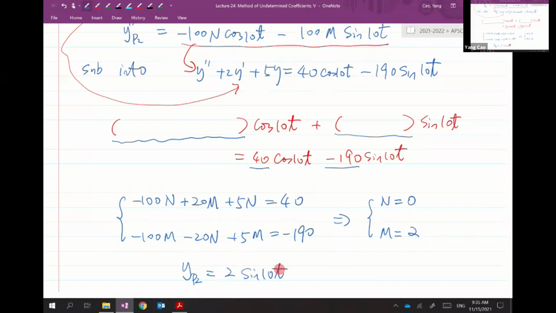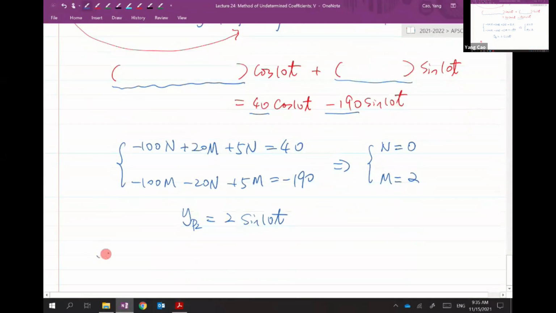So your final solution is YH plus YP1 plus YP2. Put all of them together, and you get an overall general solution for this second order differential equation.